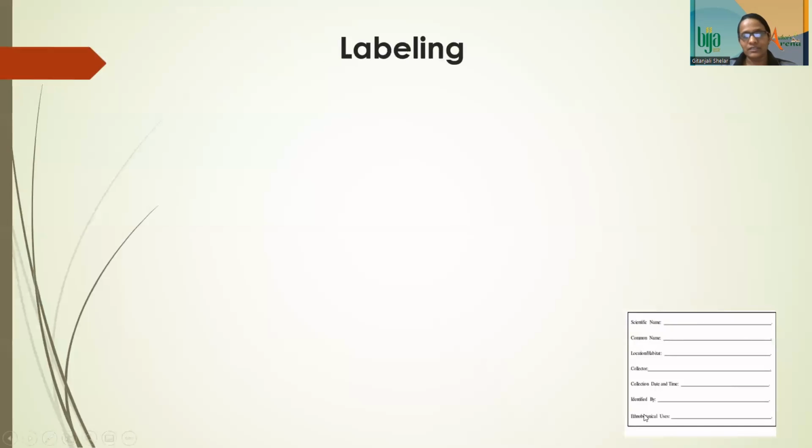After the mounting, we have to write down, or give, a label to that specimen. So labeling is basically done in this format, at the lower right corner of the sheet. Okay, so the information like scientific name, common name, location, collector name, collection date and time, identified by, and some kind of characters we have to mention.